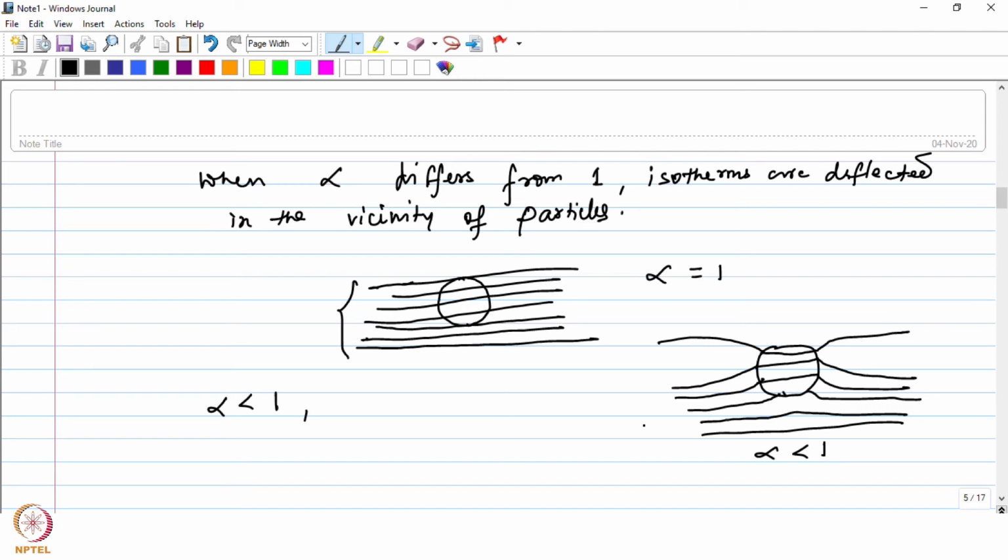And when it is greater than 1, then it will be the opposite scenario. The isotherms will converge toward the particle.